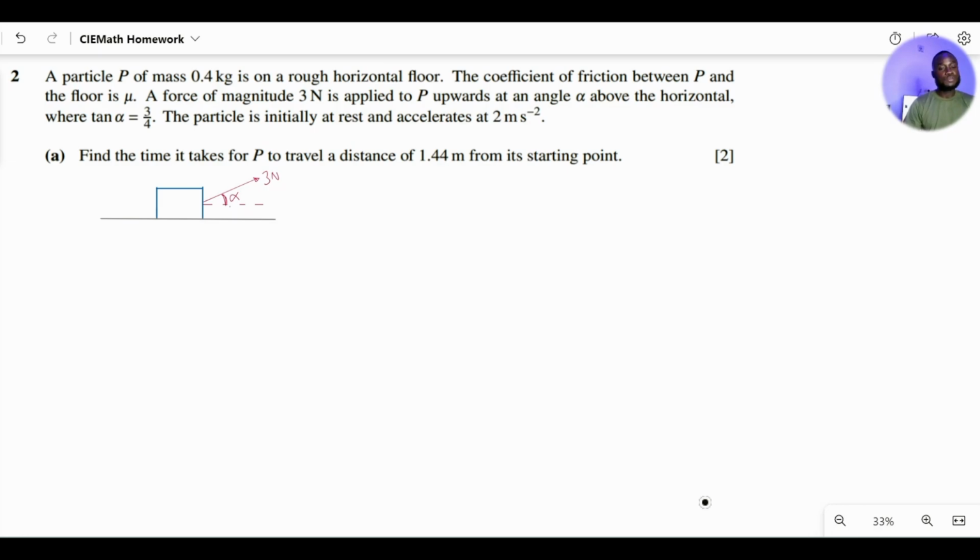Let's look at question 2. A particle is initially at rest and accelerates at 2 meters per second squared. We want to find the time it takes to travel a distance of 1 meter from where it starts. Given that tan of alpha is 3/4, let's see how that helps us to calculate sine and cosine alpha.